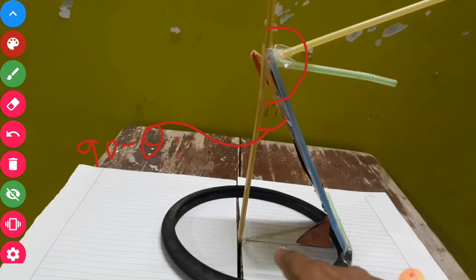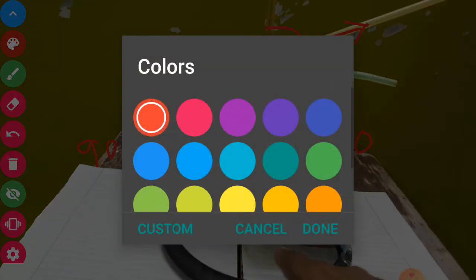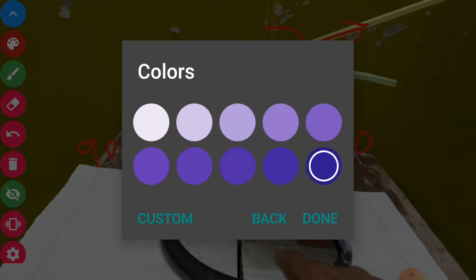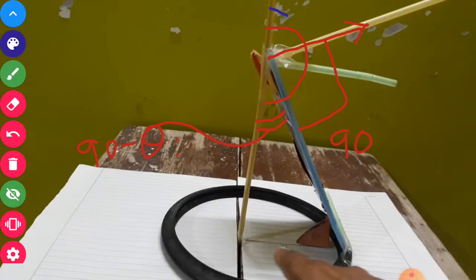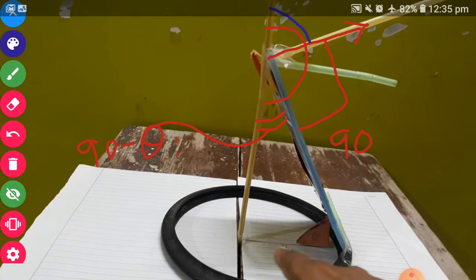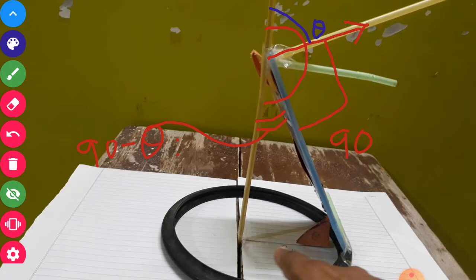Now this is the magnetic field which is produced. See, this angle is 90, and this angle is 90 minus theta which I have shown. Then this much angle, let me show it with a different color, which I have shown with the blue color, has to be theta.